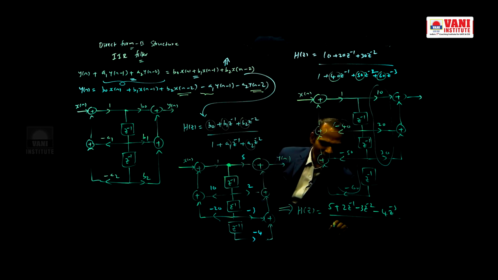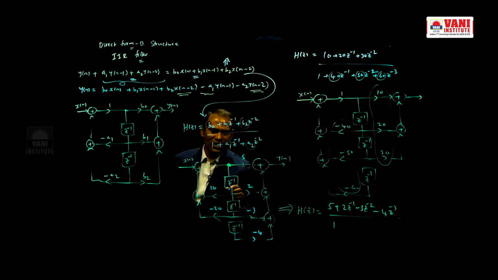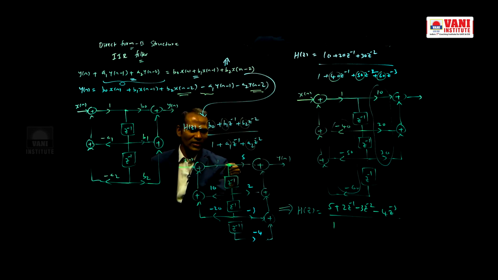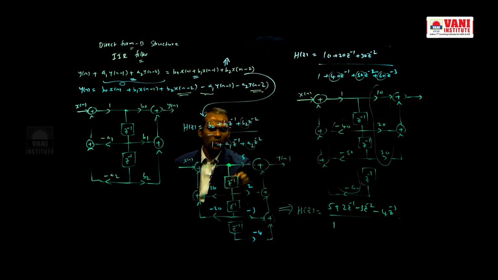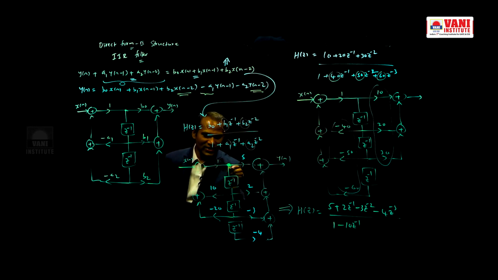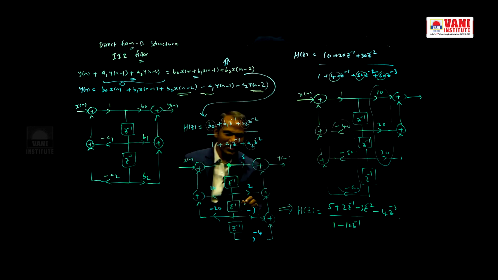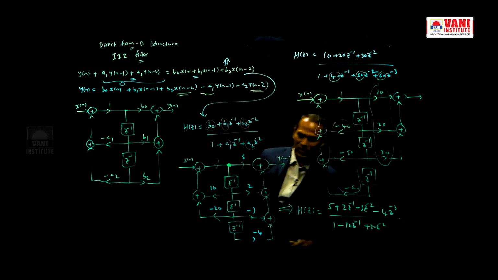The denominator is always 1, always the first term is 1. Now see in this direction, so here z inverse into 10, write these terms with opposite sign, so minus 10 z inverse, and here z power minus 2 into minus 20, opposite sign is plus 20 z power minus 2.